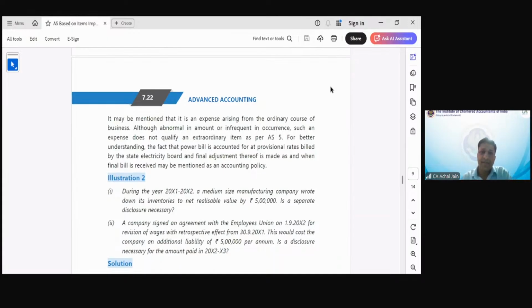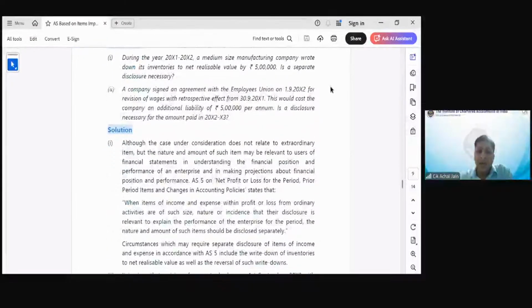See, in this case, if they are asking about write down of inventory, let's try to understand why they may be asking about separate disclosure, because we understand separate disclosure is required for extraordinary or exceptional items, correct?